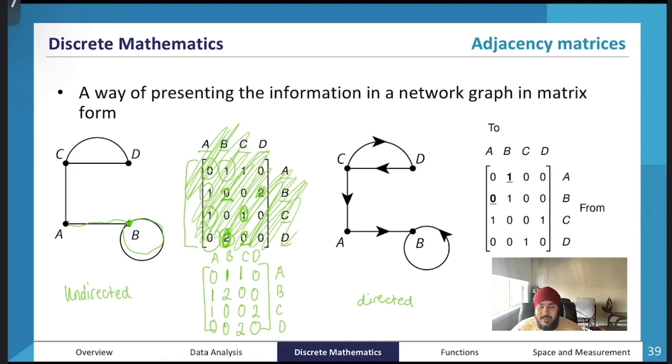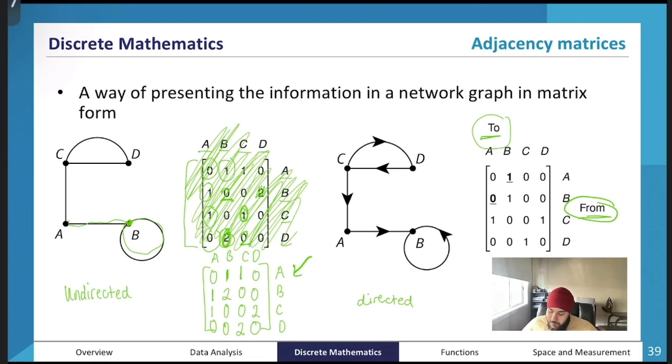Now what about directed? For directed, it's really important to have a to and a from. It looks the same as your undirected network, but you do have a to and a from here. The from tells you which vertex you're looking from. And the to we always place on the top, and the from always on the side.